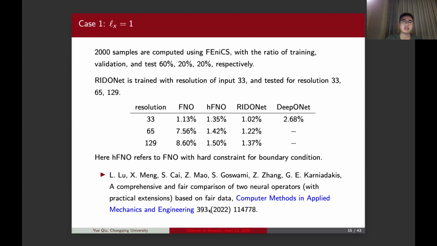But if we introduce the hard constraint also proposed in the PINNs paper, the generalization error for FNO can be reduced. The results given by our model, well, it's not resolution invariant, but the error keeps at a low level and increases very slowly.